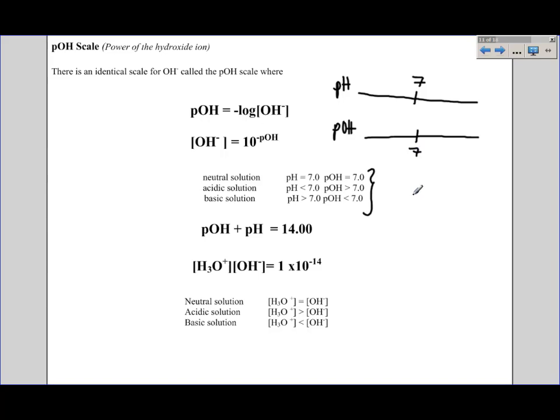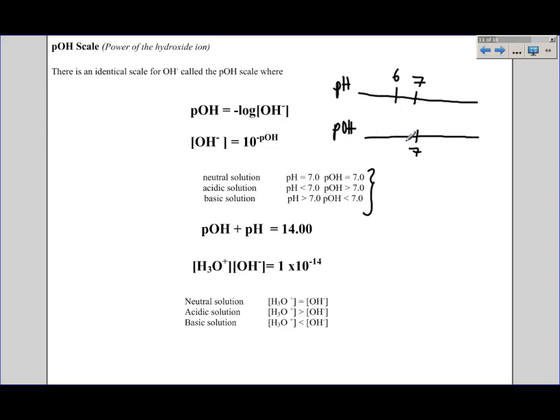And what we want to do is look at the relationship. If we think of an acid that has a pH of 6, it has a certain concentration of H+. The concentration of the hydroxide is going to be lower in that solution.